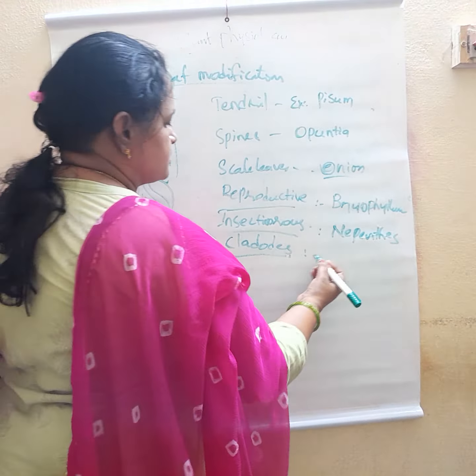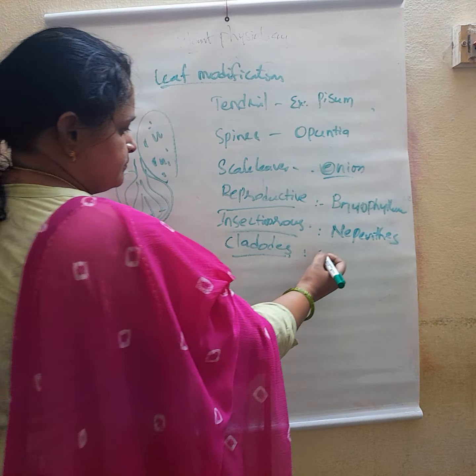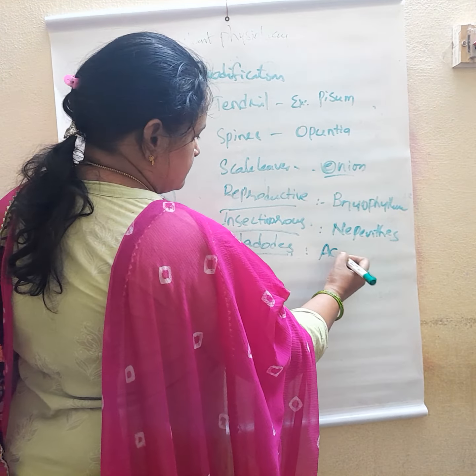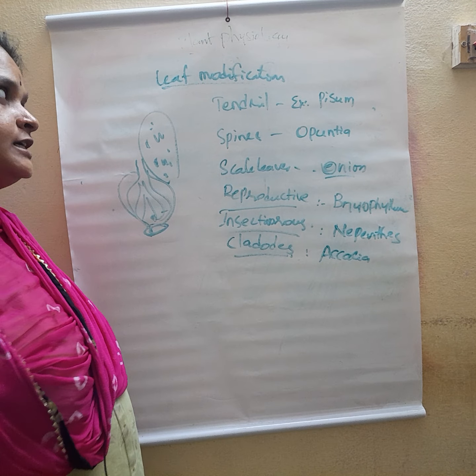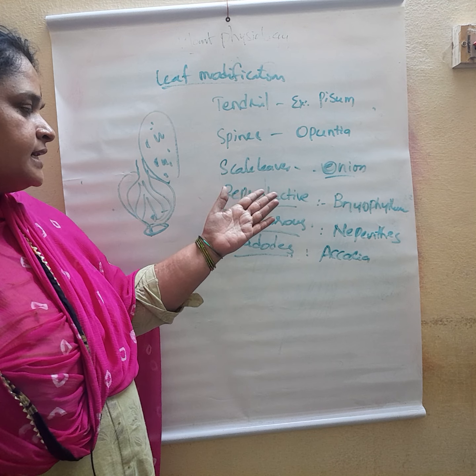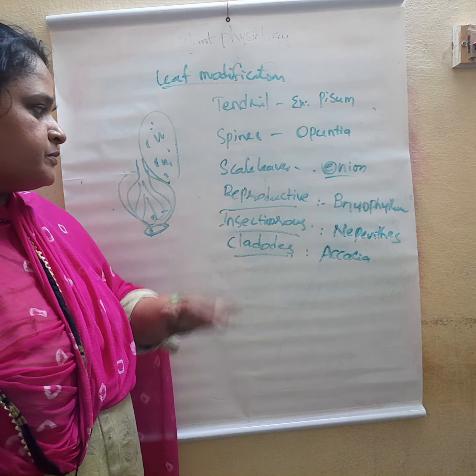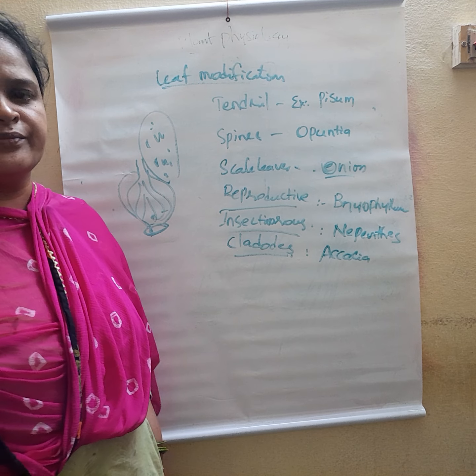They are called cladodes. Example is acacia. So these are leaf modifications: tendril, Pisum; spines, Opuntia; scale leaves, onion; reproductive leaves, Bryophyllum; insectivorous leaves, Nepenthes; cladodes, acacia.